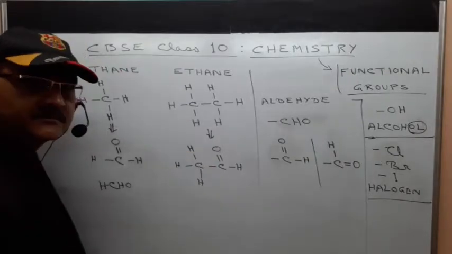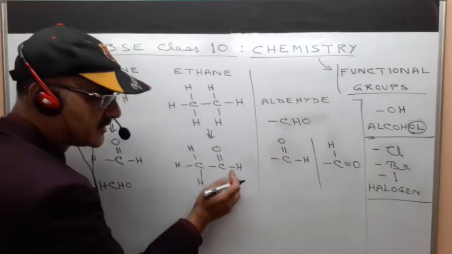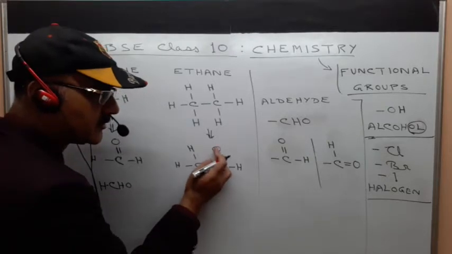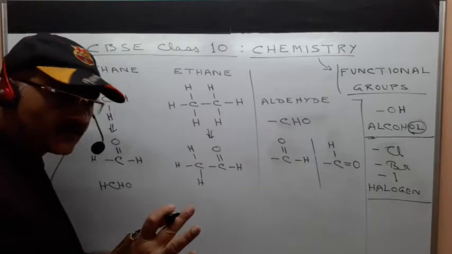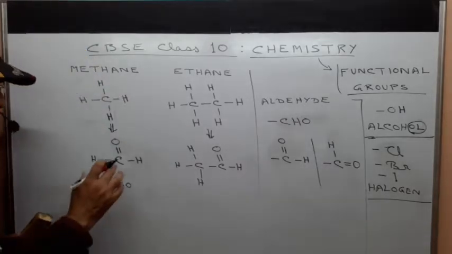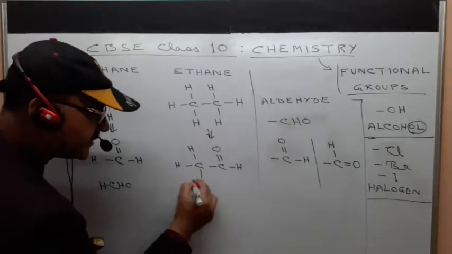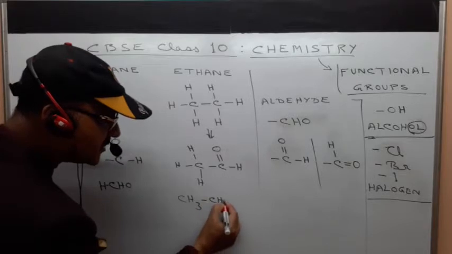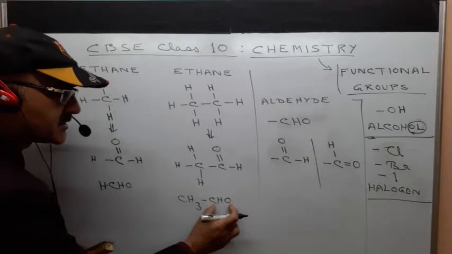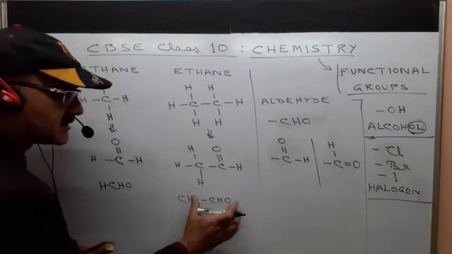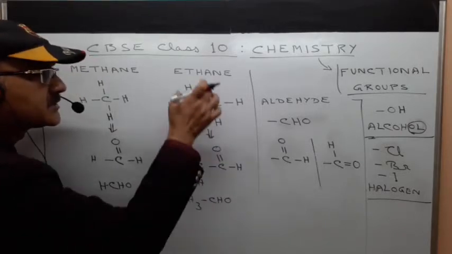Clear? Or if we use this structure, this will be double bonded O, this will be single bond H. Clear? Okay. Now, what will be this? This will be CH3CHO. So this is the aldehyde group present in this molecule. So there are two carbon atoms here. So this is an ethane.